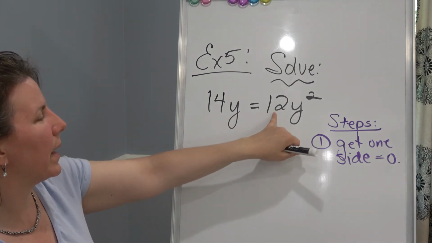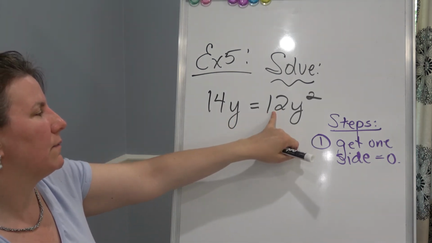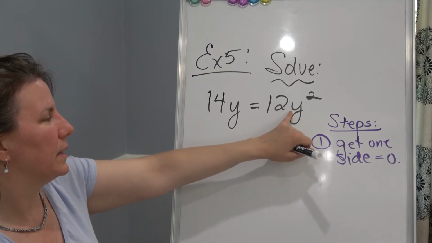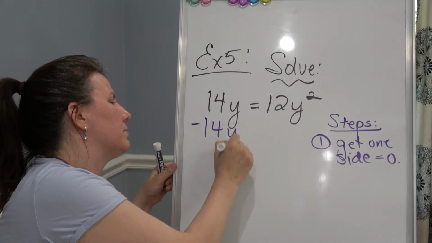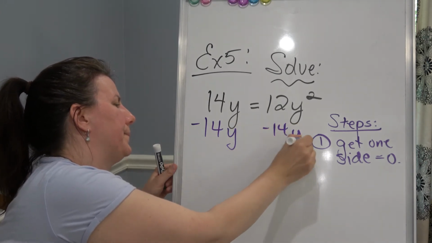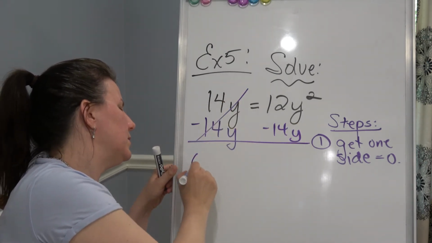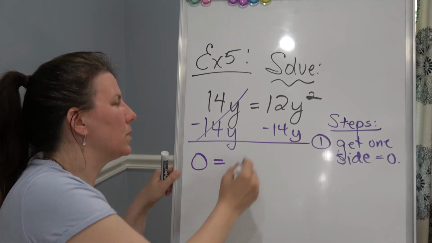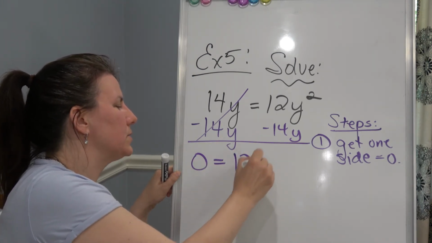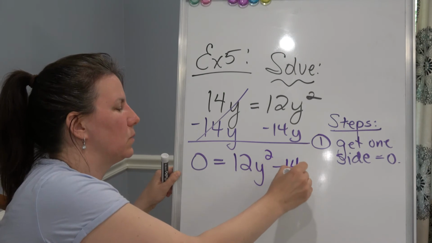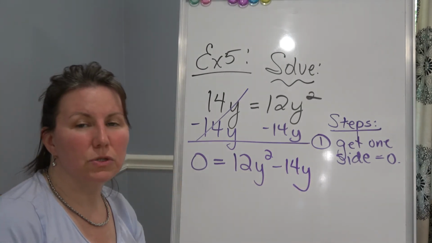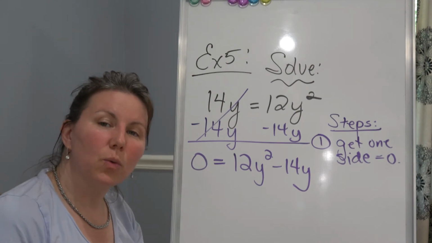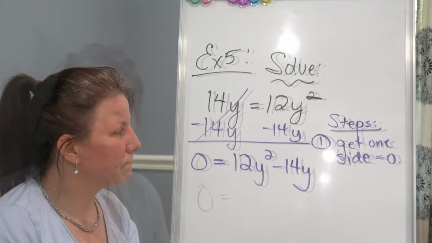I like to have a positive in front of the x squared or the y squared, so I'm going to bring the 14y to the right side. So I've got 0 on the left now equals 12y squared minus 14y. Those are not like terms, so we can't combine them because one is y squared and one is a y.